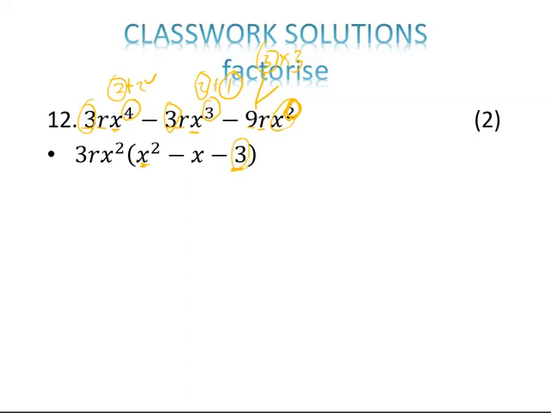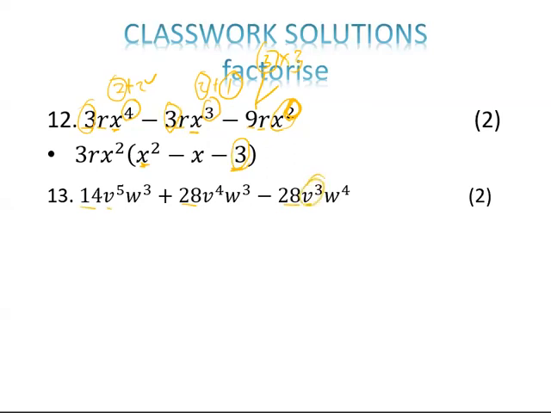Okay, let us go to number 13. What is the highest common factor? When it comes to integers, it looks like 14 is the highest common factor. When it comes to the v's, it looks like v to the exponent of 3 will be the highest common factor.